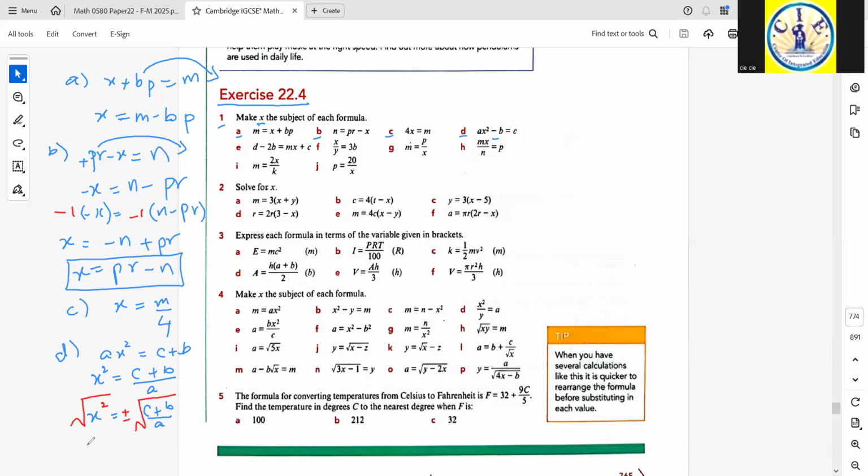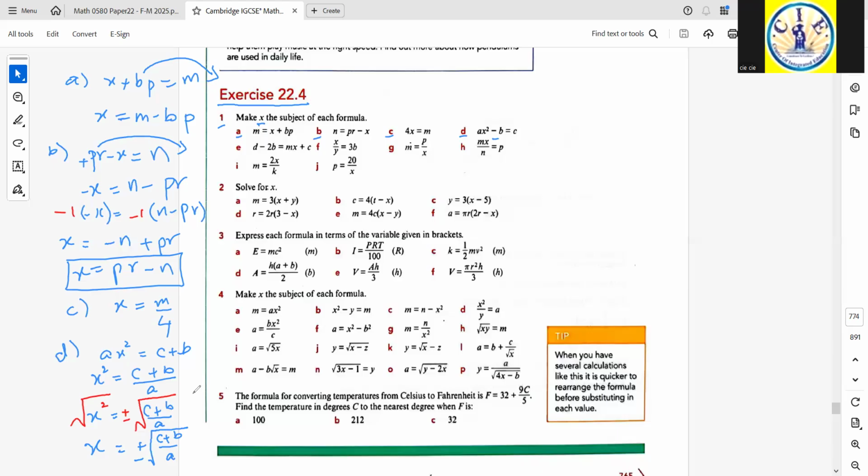So as a result, I would be left with X on the left hand side, and on the right side, this is C plus B divided by A with a plus minus sign with the square root. So this is how we have made X the subject.